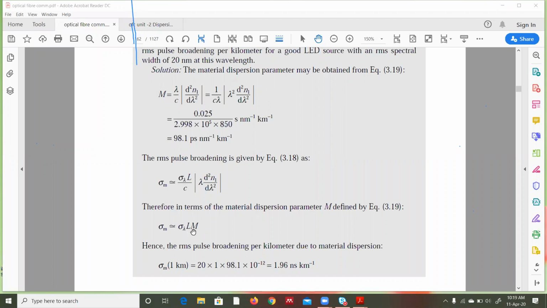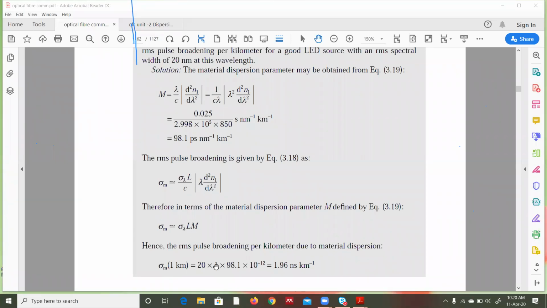Okay, so M is 98.1 picoseconds per nanometer per kilometer. L is the length of the fiber, and we will be taking as 1 kilometer here for the substitution purpose. Sigma lambda is 20 nanometer as it is mentioned in the problem statement. So RMS pulse broadening per kilometer due to material dispersion for 1 kilometer: sigma is 20 nanometer, you substitute as 20.